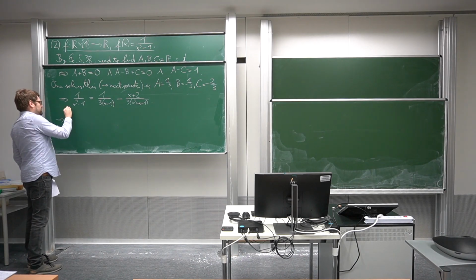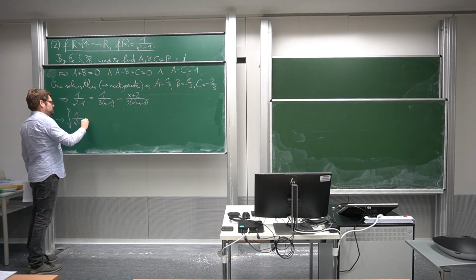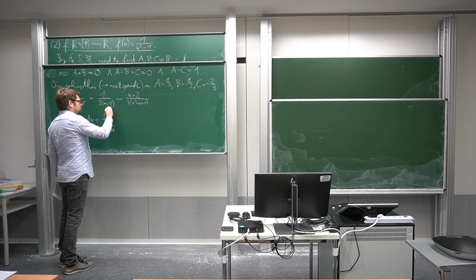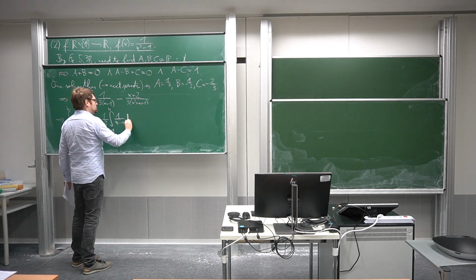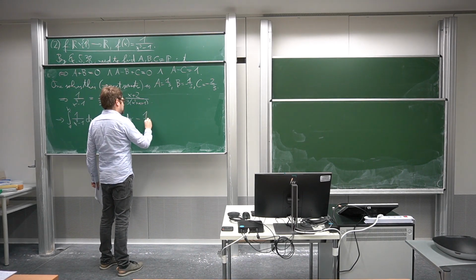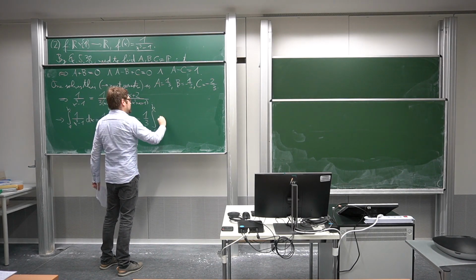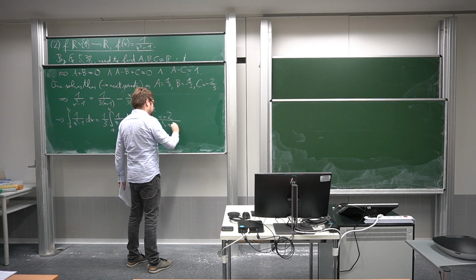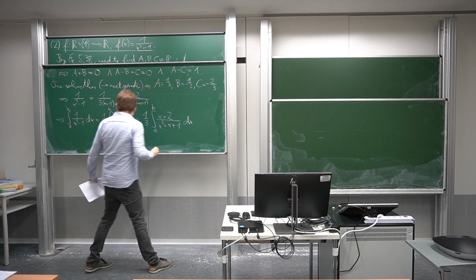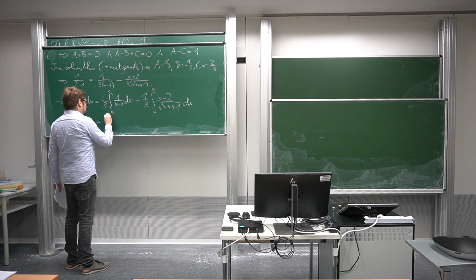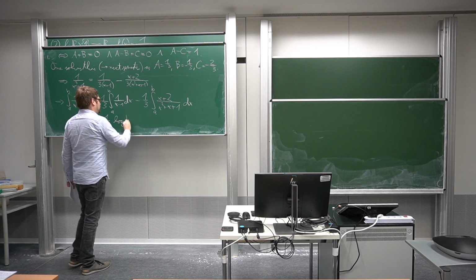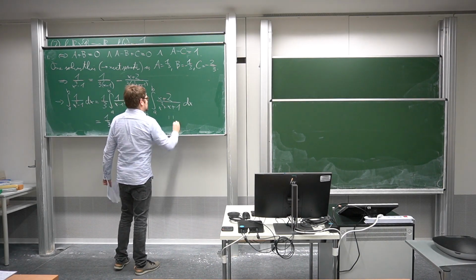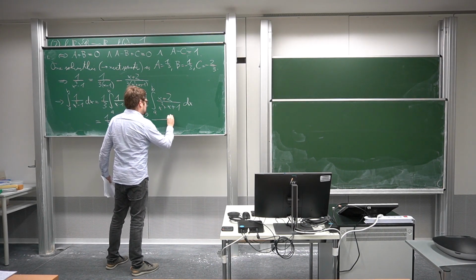The integral from a to b of 1 over x to the 3 minus 1 dx is now, if we pull out the constant already, 1/3 of the integral of 1 over x minus 1 dx minus 1/3 of the integral from a to b of x plus 2 divided by x squared plus x plus 1 dx. The first one is easy. This is again 1/3 log of the absolute value of x minus 1 in the boundaries from a to b, and this integral we do separately.